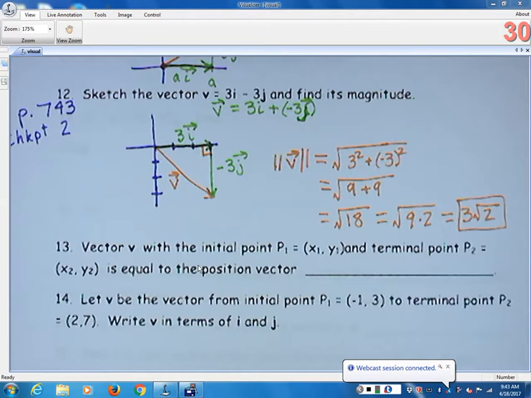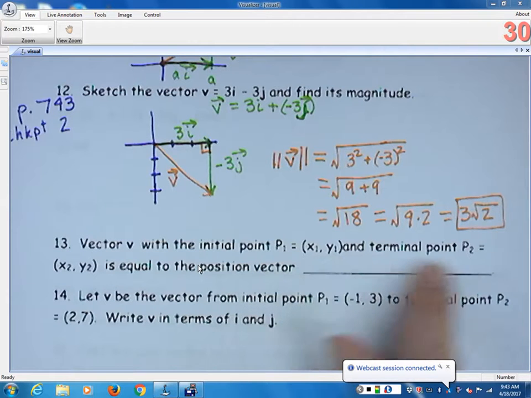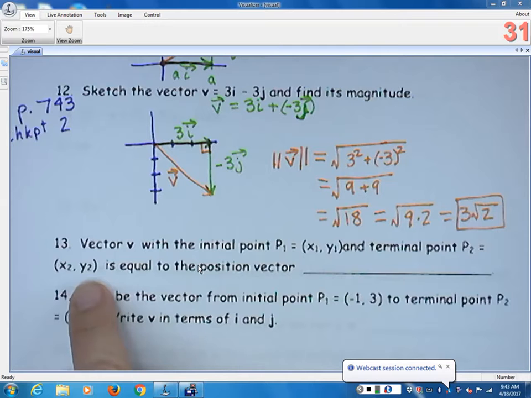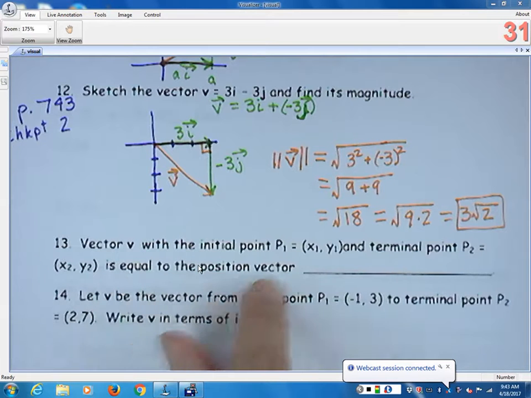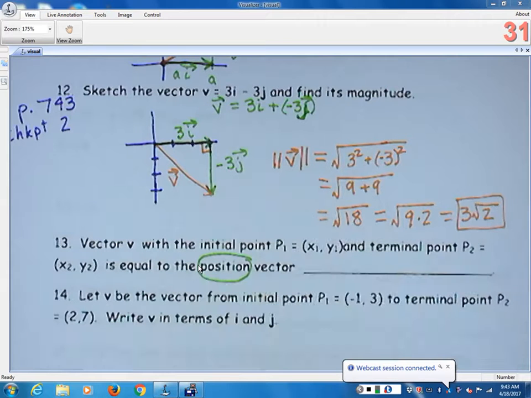Okay, so, next thing, we have 4 definitions. So vector v with an initial point P1 equals (x1, y1), and terminal point P2 equals (x2, y2) is equal to the position vector. So you need to know that the position vector starts at the origin.